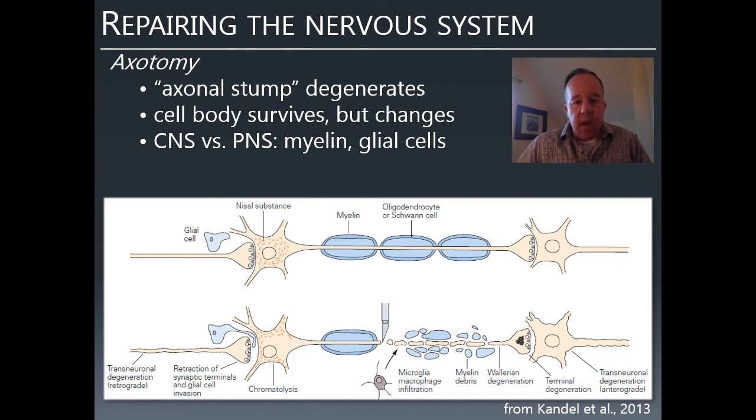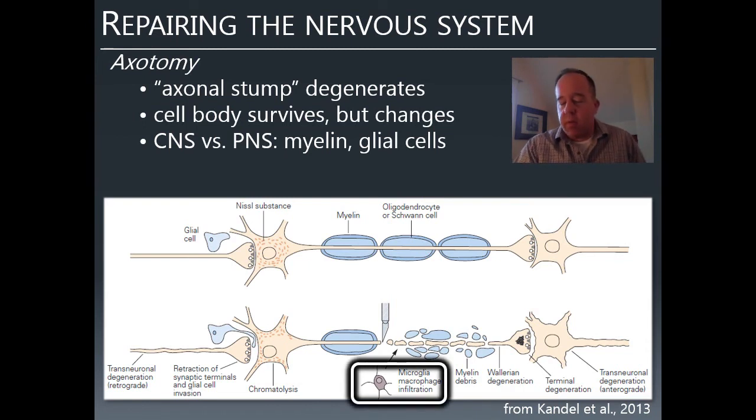But as we'll see, something about the quality of that myelin is different between the two. Also, the central nervous system has glial cells, has glia, that do jobs like immune response in the central nervous system that the regular old immune system handles in the peripheral. So there are differences in the kinds of cells that are present, and there are differences in the chemical makeup of the myelin.